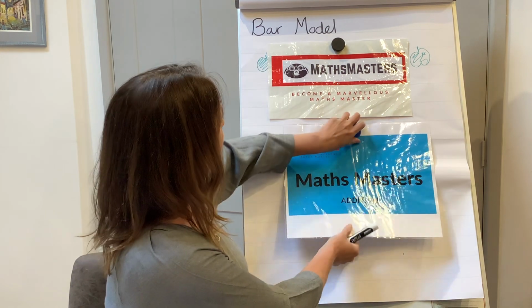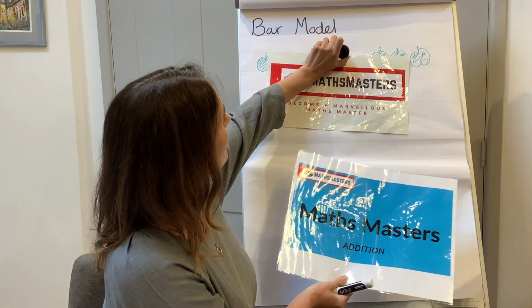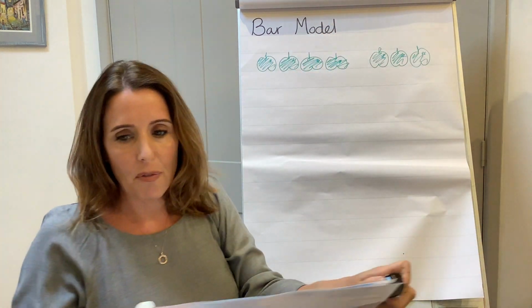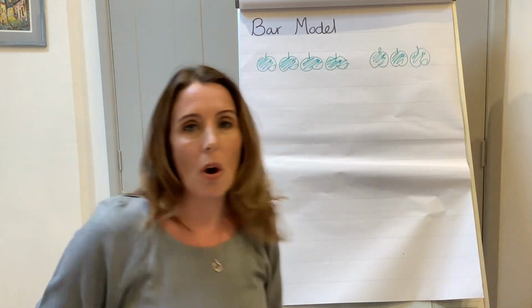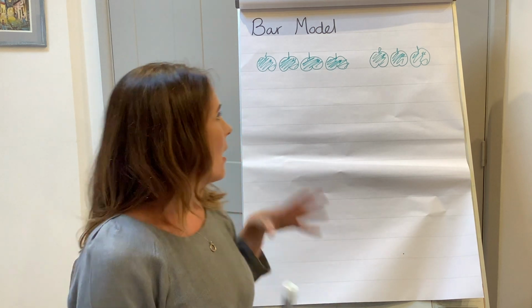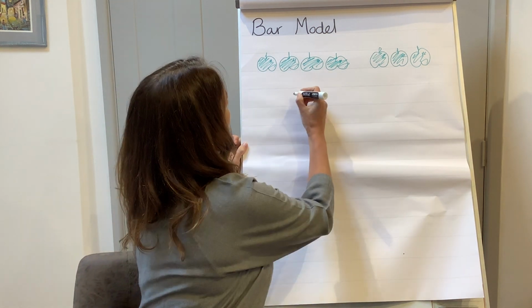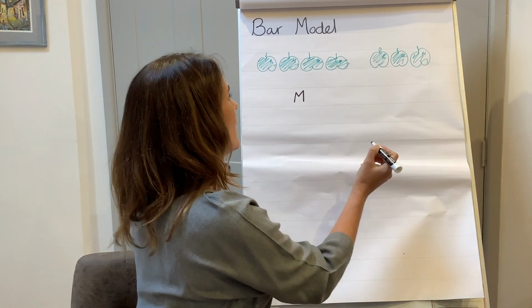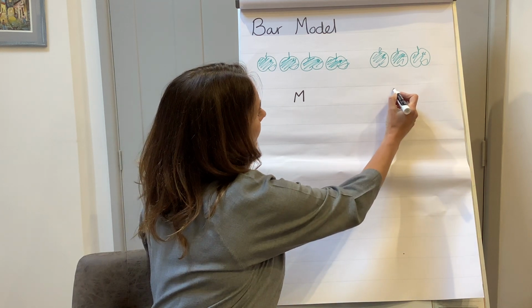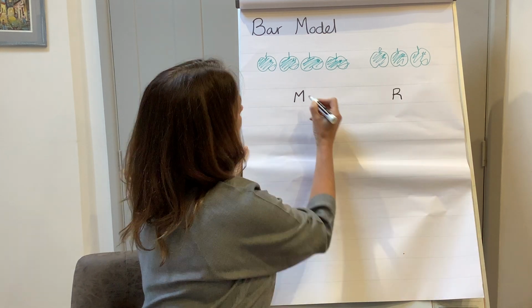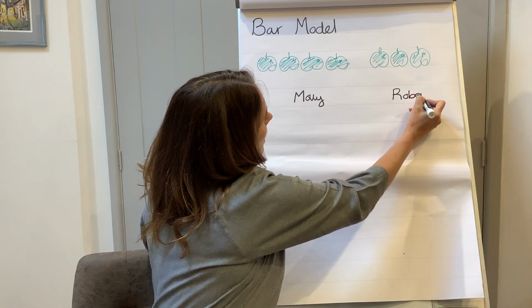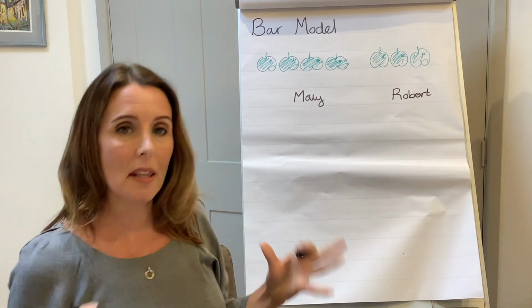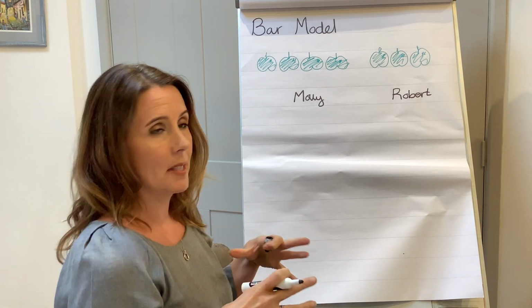So, if we begin with concrete objects. So if we had that Molly had 4 apples and Robert had 3 apples, so Molly and Robert, if we wanted to find out how many they had all together, we could add them together.